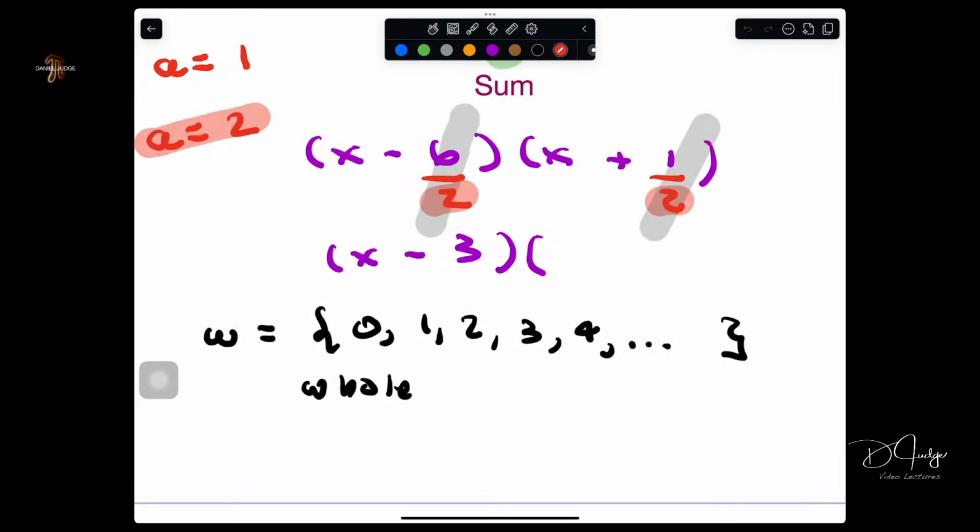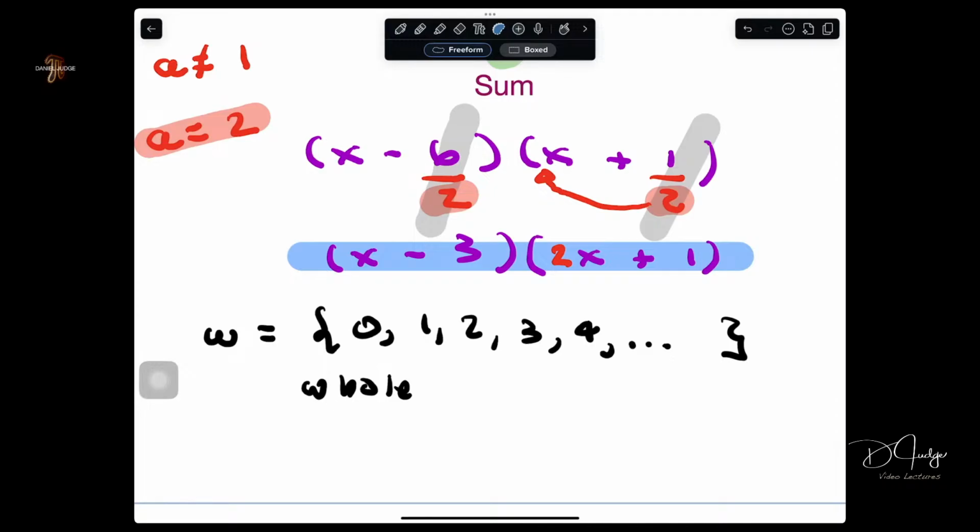So let's do it again. 2 goes in front here. So that's 2 x plus 1. This is what you do when a is not 1.